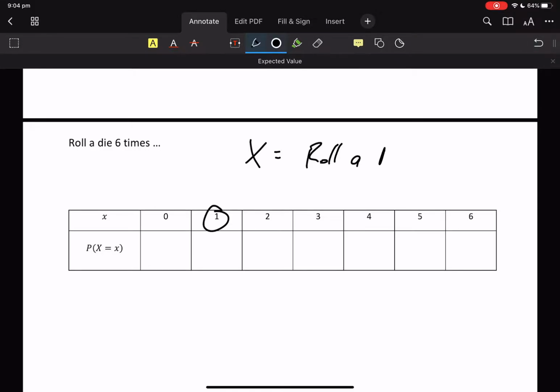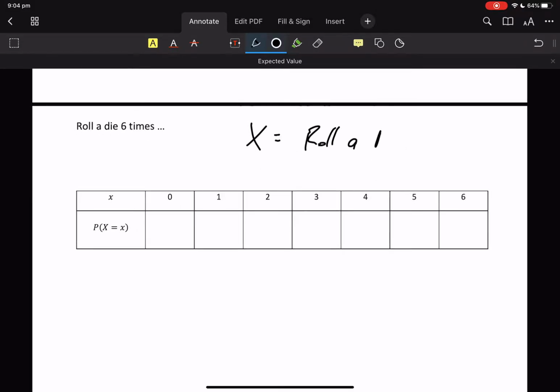That's 1 one, or that's 2 ones, or that's 3 ones. So here we're going, oh my gosh, it's either a 1 or it's not a 1, binomial. So probability equals nCr, p to the r, q to the n minus r.